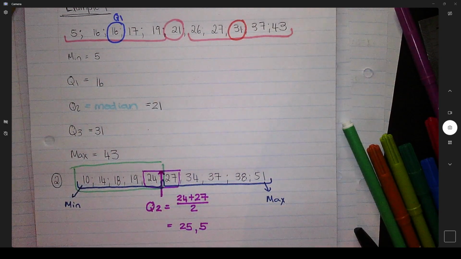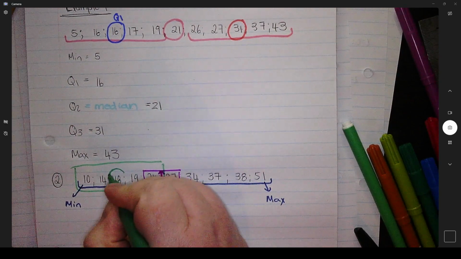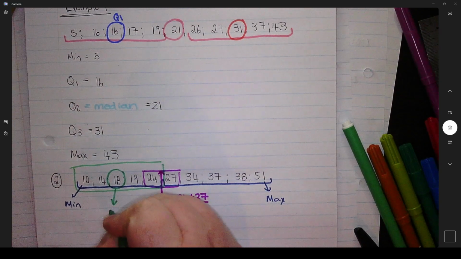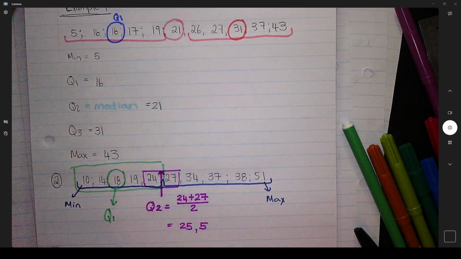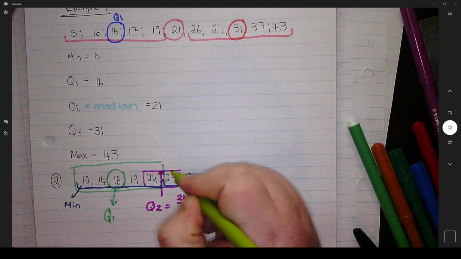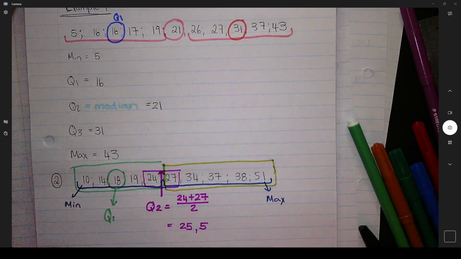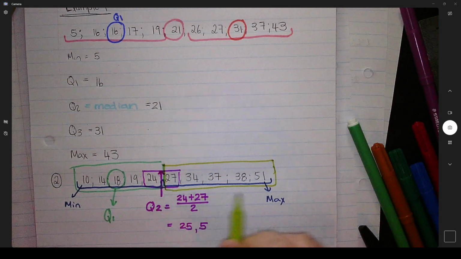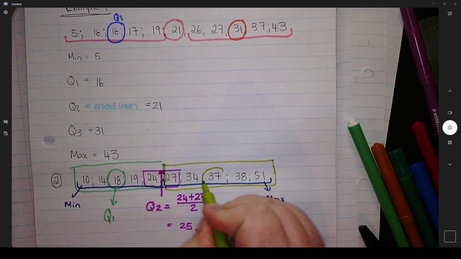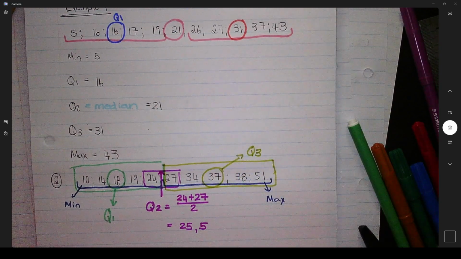To find quartile 1, we find the median of that half, which is 18. That's quartile 1. Similarly, this is our upper half. It includes 27 because 27 is not the actual median. And we have 5 values here, so this value is quartile 3, the median of the upper half.